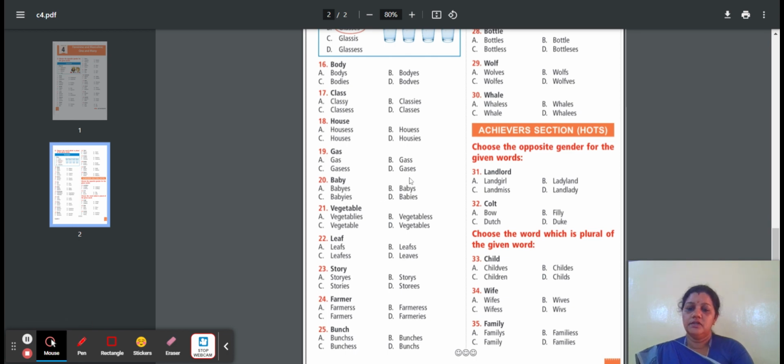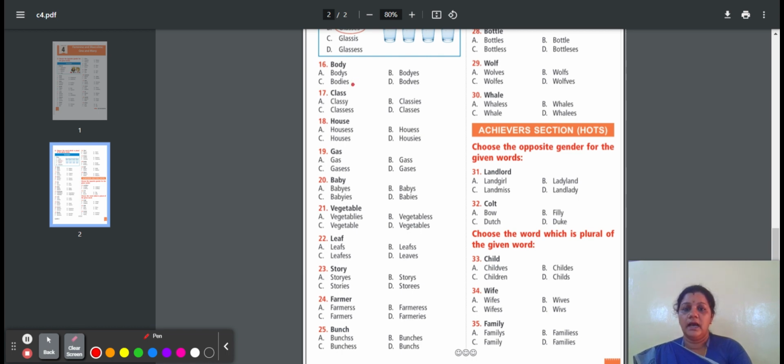Section B. Choose the word which is plural of the given word. 16th one, body. Here, this Y is replaced with IES. Here, the C is the option. Bodies.